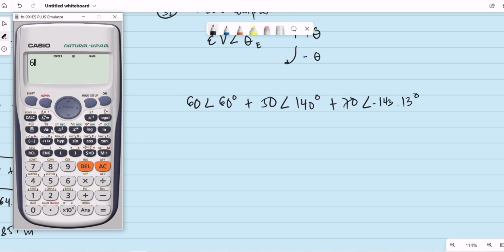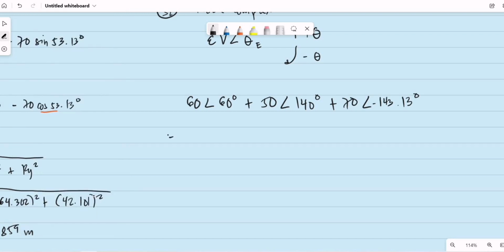Okay, so again, this is 60, shift negative sign, 60 degrees plus 50, shift a negative sign, 140 degrees, then plus 70, shift a negative sign of negative 143.13 degrees. So the resulting form of the complex number will be in the form of a plus bi.